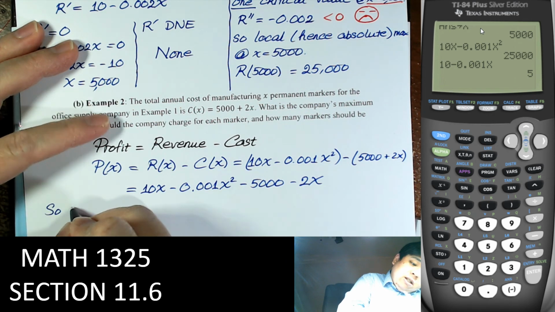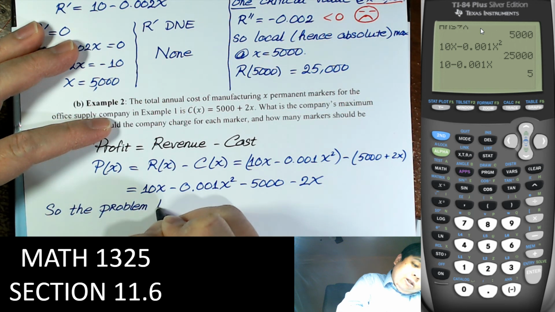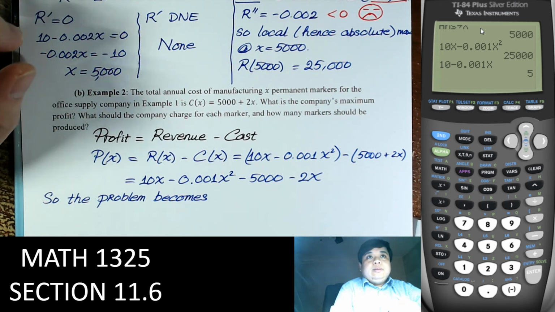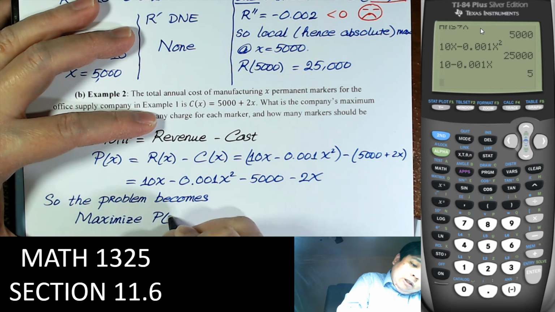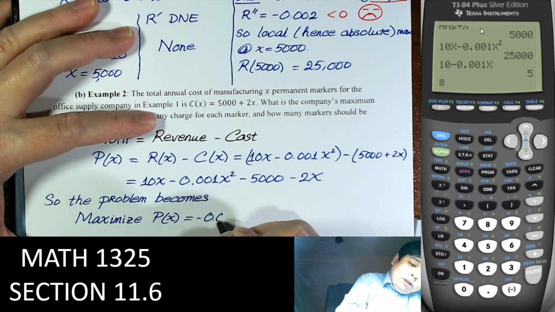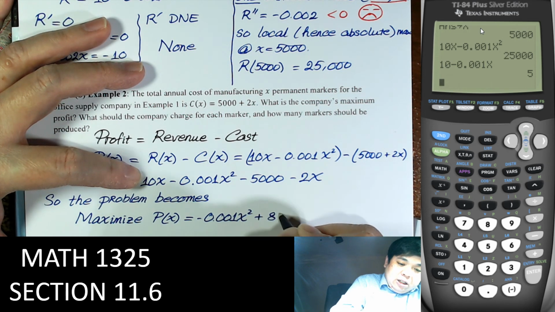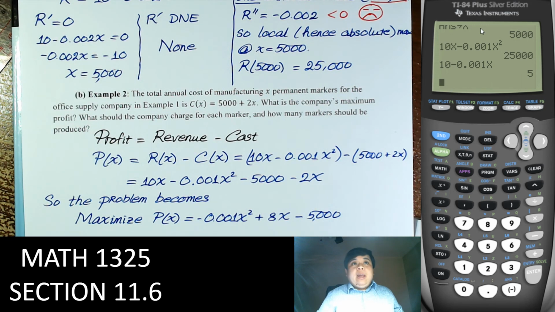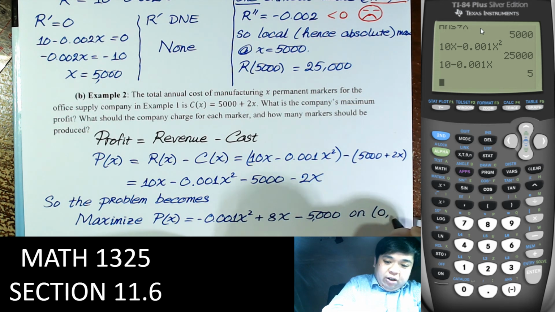So the problem is to maximize the profit: 8x minus 0.001x squared minus 5,000. So maximize that. And of course the same condition, x should be from 0 to infinity.